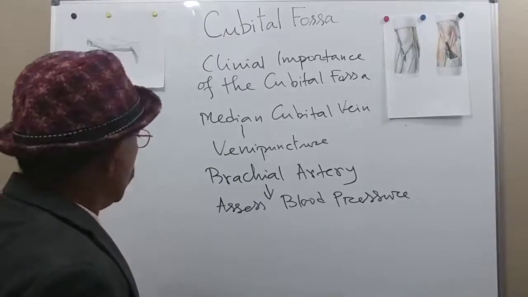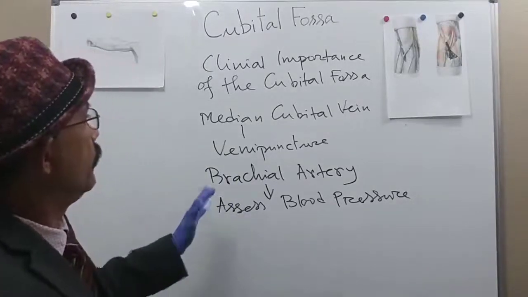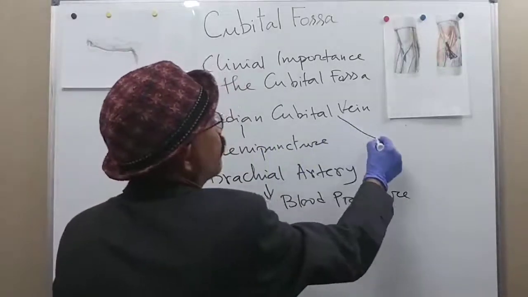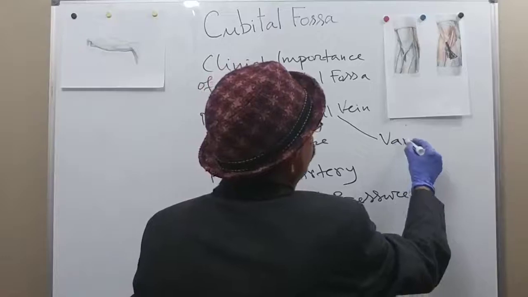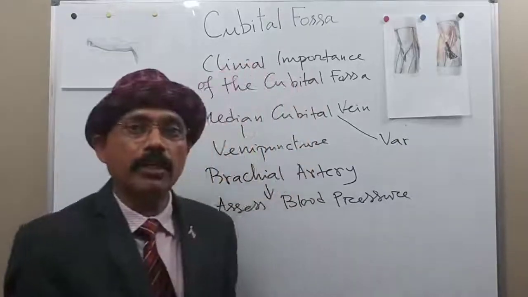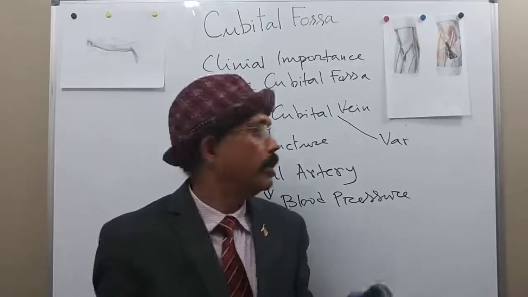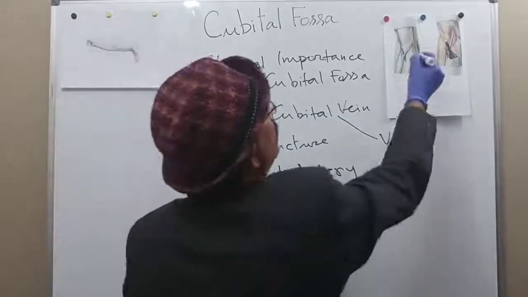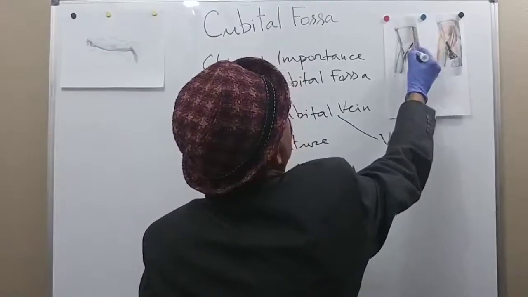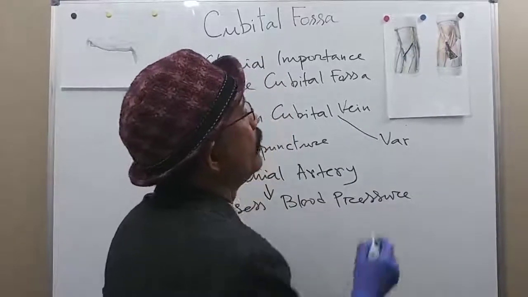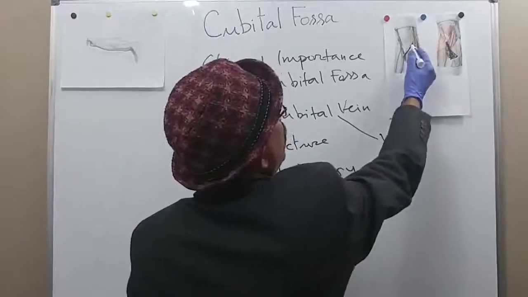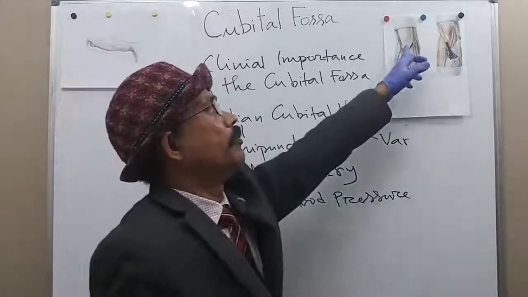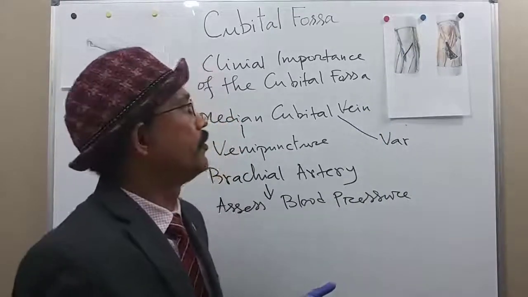So we got that, and must remember that we may have variation in the median cubital vein. We may have variation like that of the brachial artery and its division. We may not get exactly this, here is the median cubital vein. This may not be like this. Okay, so it may not be present even sometimes.